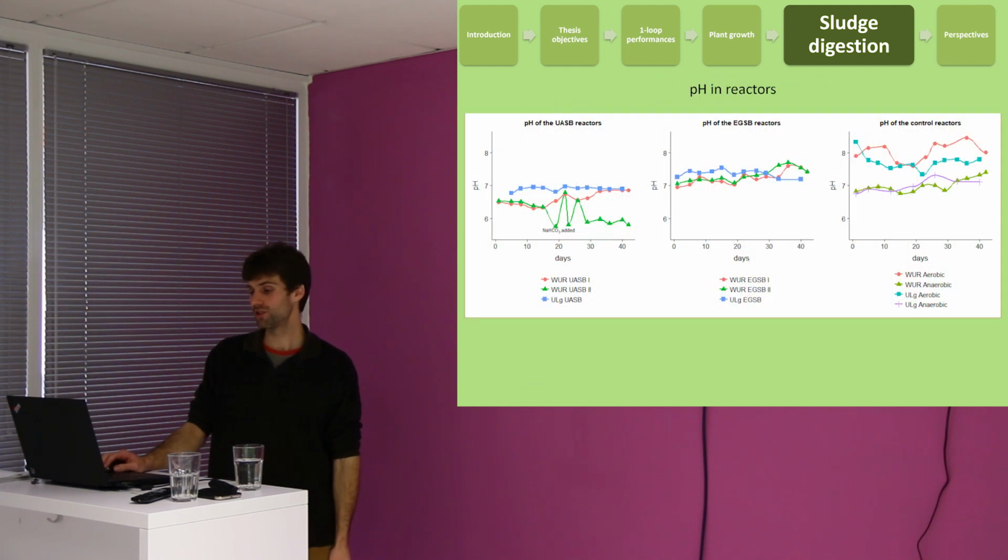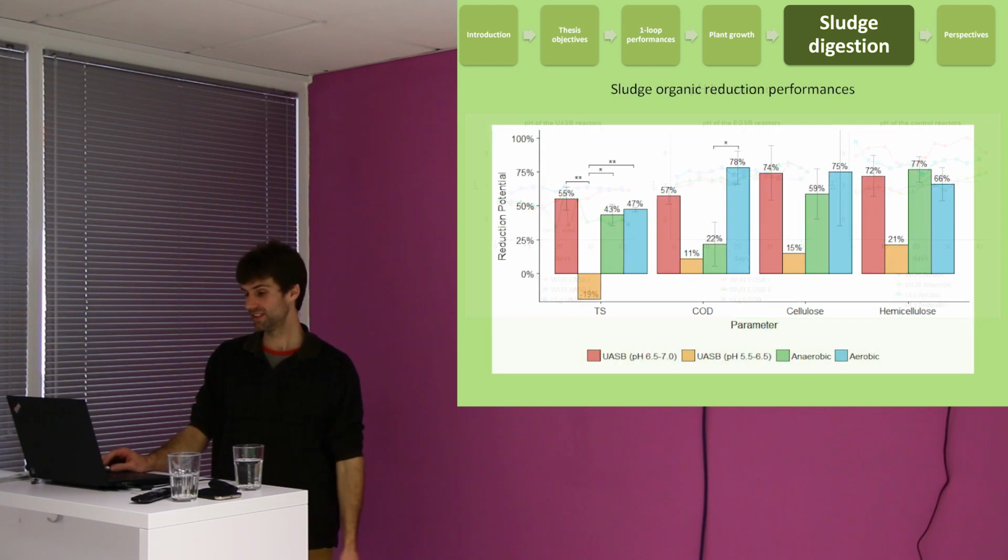Just to show here, we actually had a very interesting thing happening. One of the UASB reactors became acidic, so the pH dropped under 6 in one reactor. I show you that because this reactor worked in a different way, and that was very interesting.